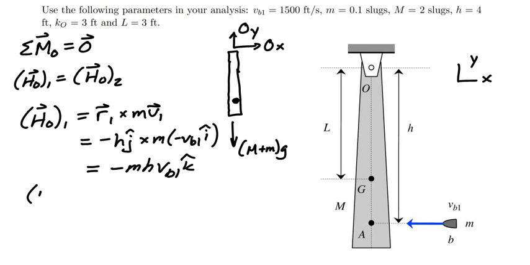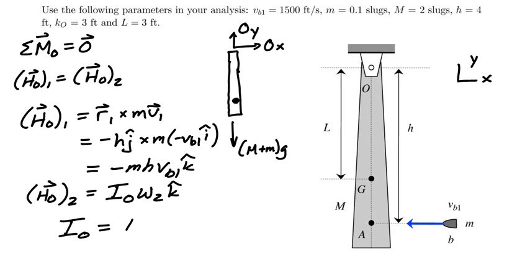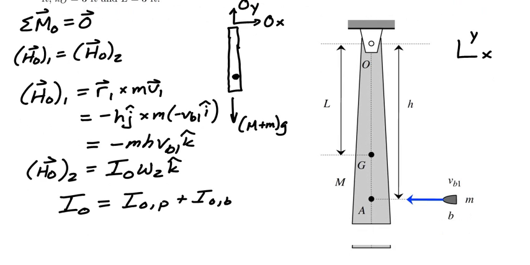Now post-impact, we're going to have kind of a compound object here in pure rotation. So I'll have an angular momentum of I about O times omega 2 in the k direction. And I really just need to find I about O. So in this case, I about O is going to equal I about O of the pendulum plus I about O of the bullet. We know the pendulum.